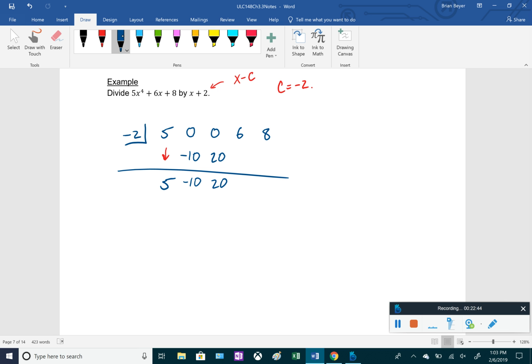Negative 2 times 20, negative 40. 6 plus negative 40, negative 34. Negative 2 times negative 34 is 68, and then 8 plus 68 is 76. There we go. Once again, keep in mind that this is the remainder.